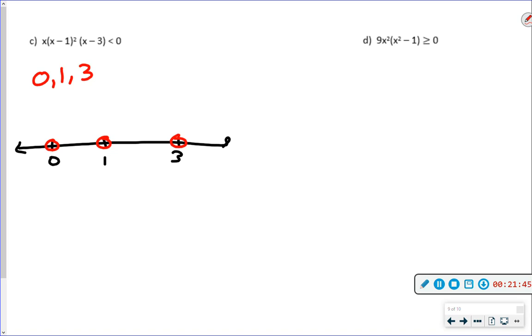And here is where you definitely probably want to do some testing with your calculator. Don't do it all by hand. Okay, so I'm going to pick a number to the left of 0. Let's just do like -1. I'm going to write the first few down, but I would never write it; I just do this on my calculator. So I'm looking at -1.